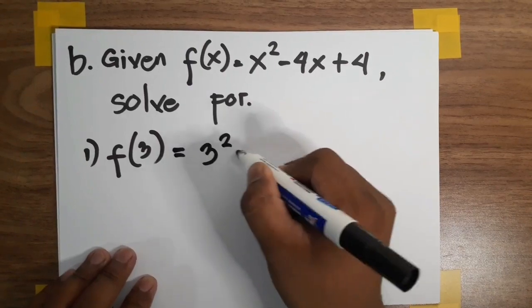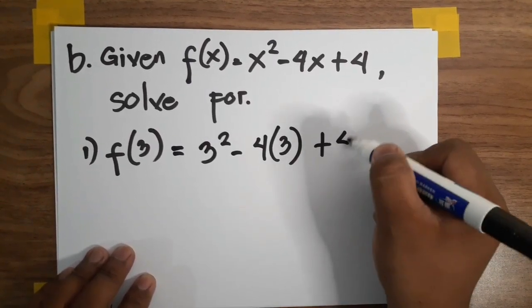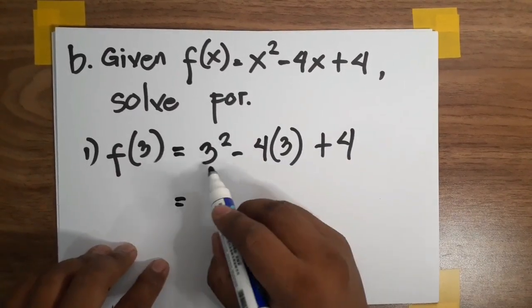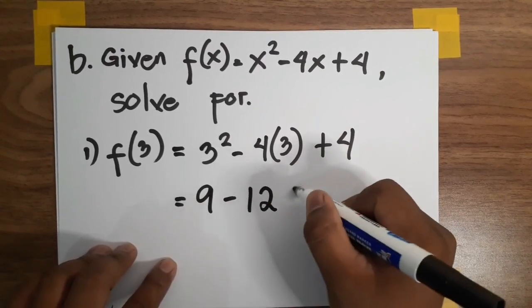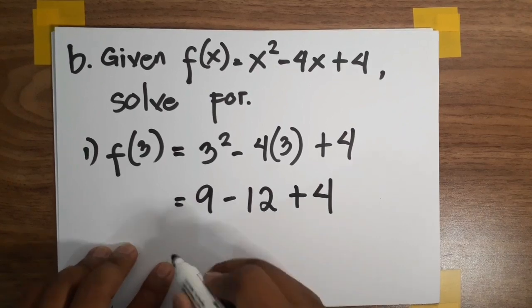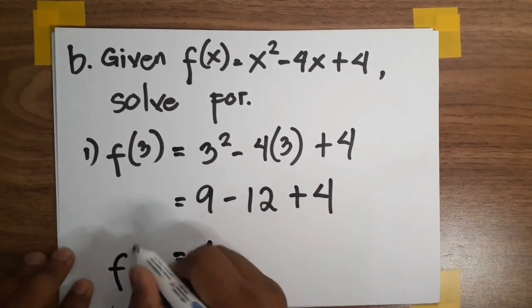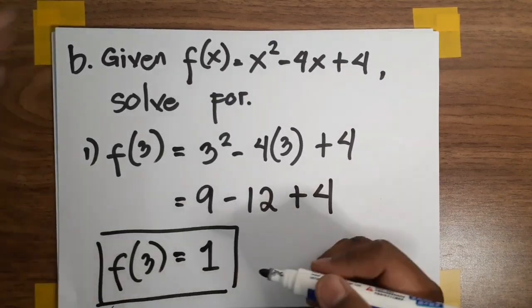You have 3 squared minus 4 times 3 plus 4. So 3 squared is equivalent to 9. Negative 4 times 3 is negative 12 plus 4. Simplify, 9 minus 12 plus 4 is positive 1. So f of 3 is equal to positive 1.